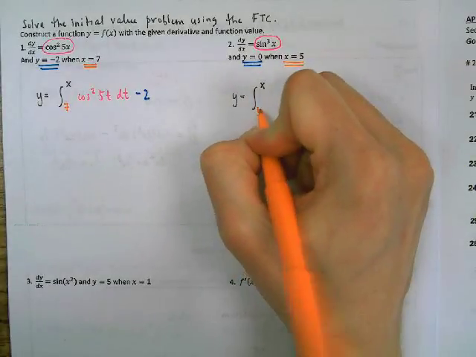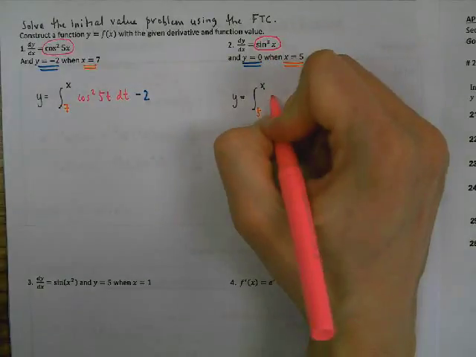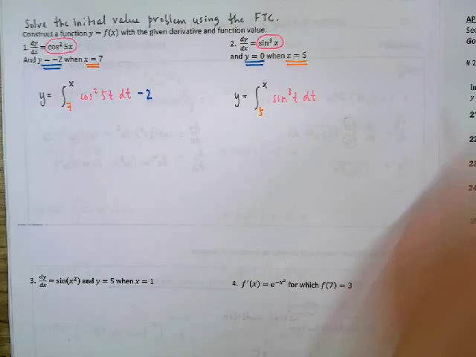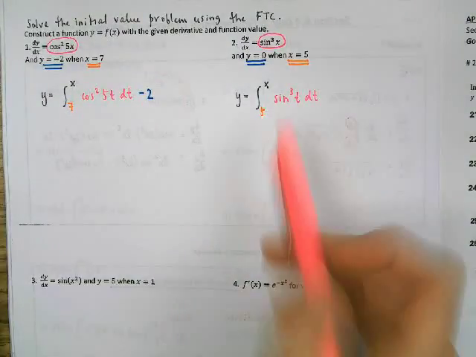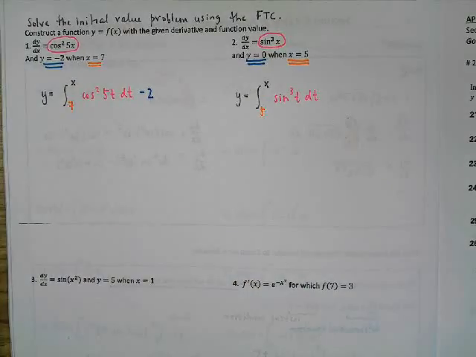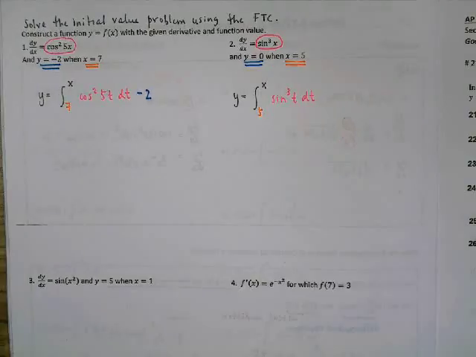My 5 becomes the lower limit. My integrand comes from my derivative, so sine cubed of t, and I close that with dt. And in this case, I could add a plus 0, but that's not going to change anything, so I'm done here because my y value was 0.